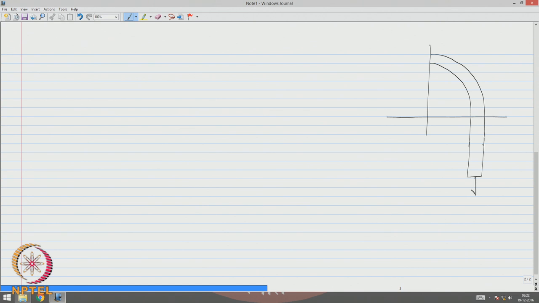This is p by 2, this is m 0, let us say this is r and this angle is theta and this distance is actually r minus r cos theta, subjected to p by 2.